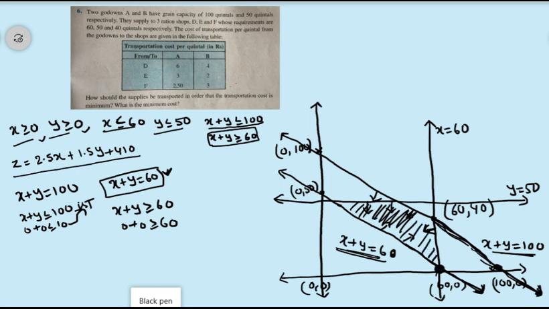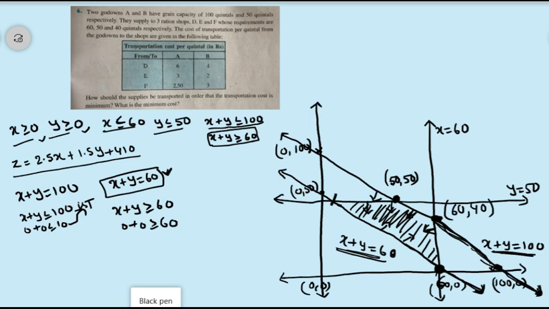For this common portion, this is one corner point, that is 60 comma 0. Here we got another corner point, because when x is equal to 60 we got y is equal to 40, and here this is one more point 50 comma 50, right? Because y is equal to 50, we are substituting in this line equation. Next this one, what happened?